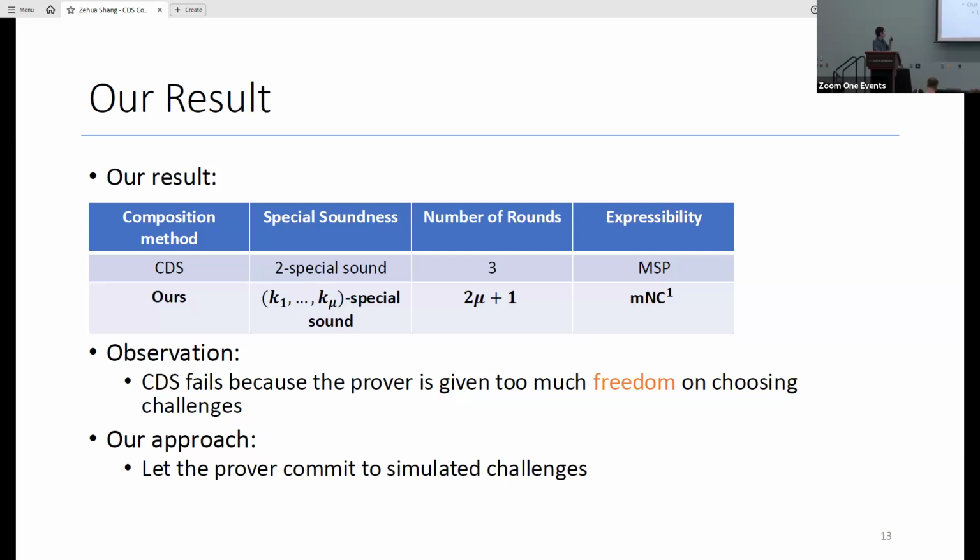The observation is that the CDS composition fails because the prover is given too much freedom in choosing challenges. And our approach is to let the prover commit to the simulated challenges.